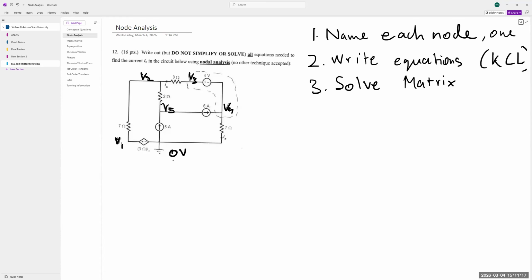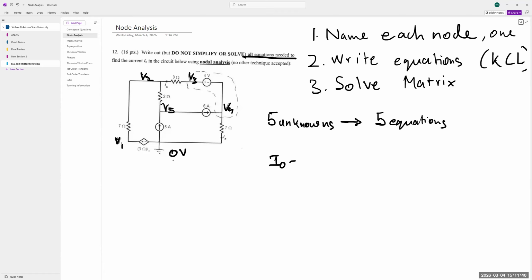We have our 5 nodes, so we have 5 unknowns in the node equations. Therefore, to solve this, we need 5 equations. The question asks us to solve the circuit, to write down all the equations needed to find I naught. So let's do that now.